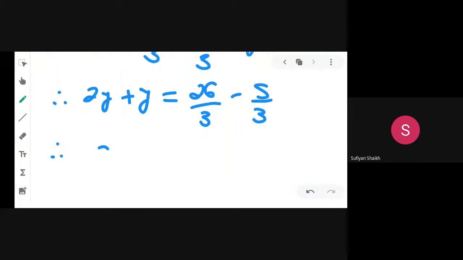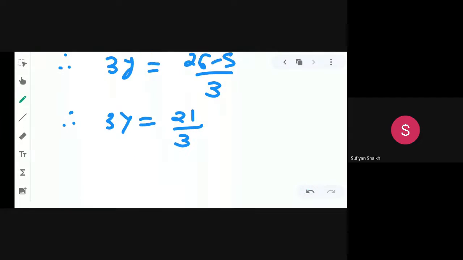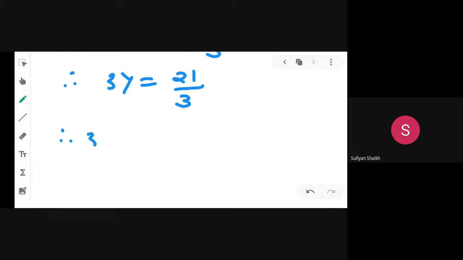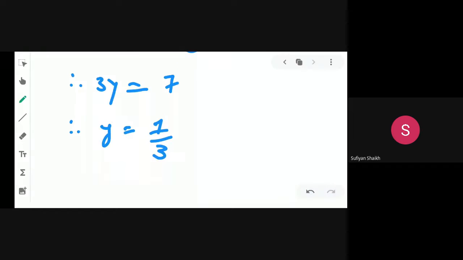So we get 2y plus y, 3y is equal to, we have equal denominator, so we can subtract numerator easily. So 3y is equal to 26 minus 5, 21 by 3. We know that 3 sevens are 21. So we get 7. So y is equal to 7 divided by 3. Yes or no?